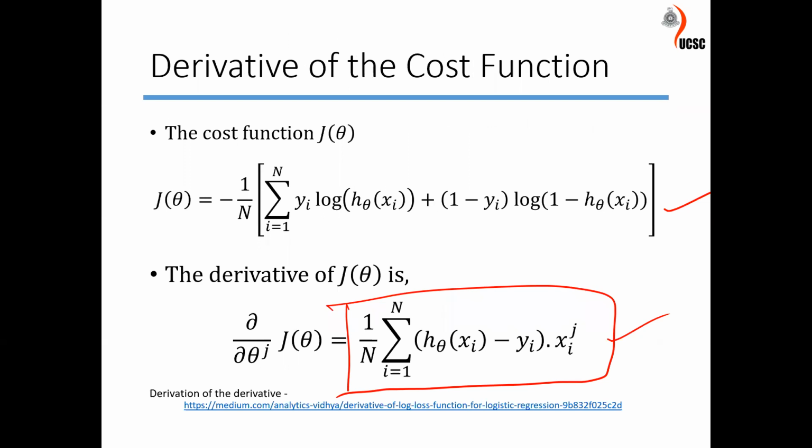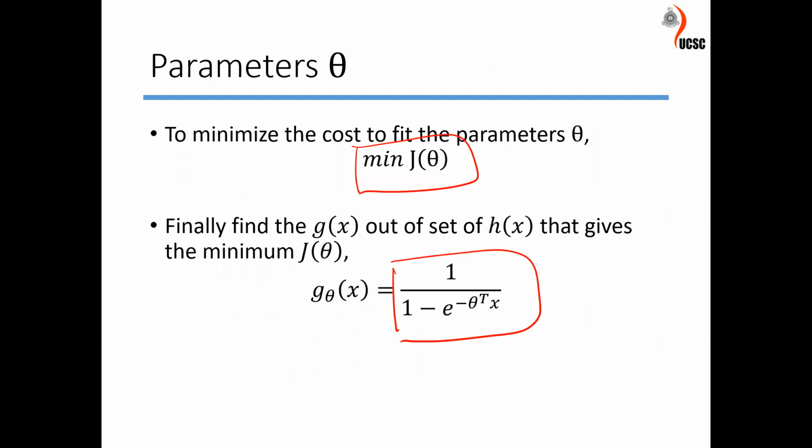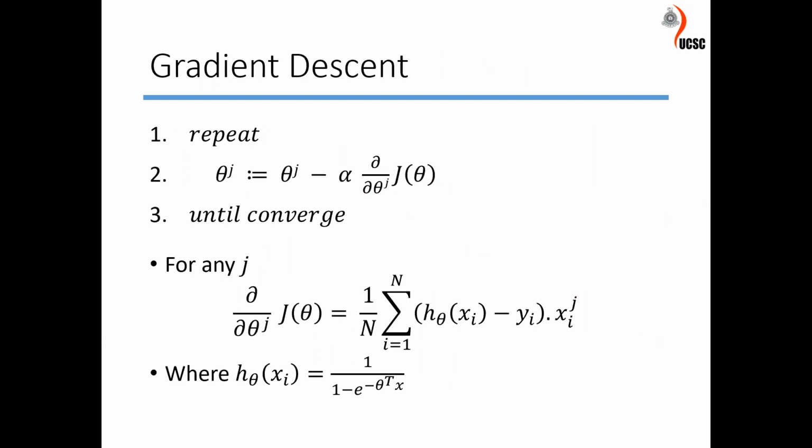Then we are going to use the gradient descent approach and update our parameters, so we minimize our cost function. We can update our parameters until they converge.